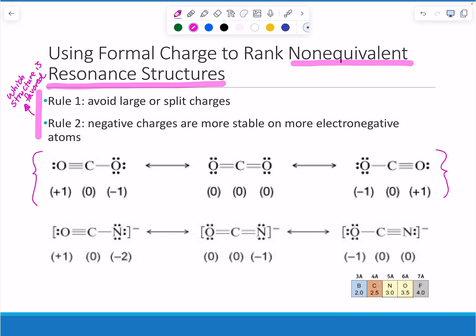So the one all the way on the left and the one all the way on the right are what we would call equivalent, because they're essentially the same thing because there's symmetry. If you flipped the molecule upside down, you wouldn't be able to distinguish them, okay? But they are not the same as the one in the middle, okay? So we have to make a decision. So we calculate the formal charges, and that's what's shown here.